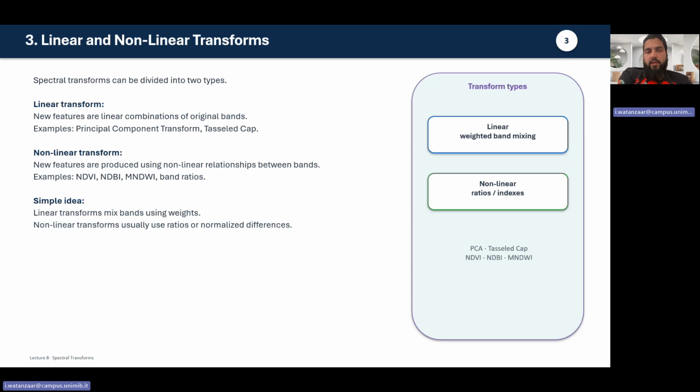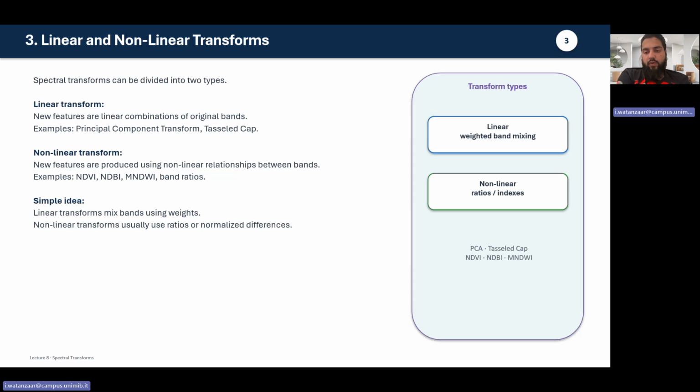As an example of a linear transform, take principal component analysis. We have multiple bands, but we take the top principal components as having more information. The later principal components have less information, but they are still valuable.